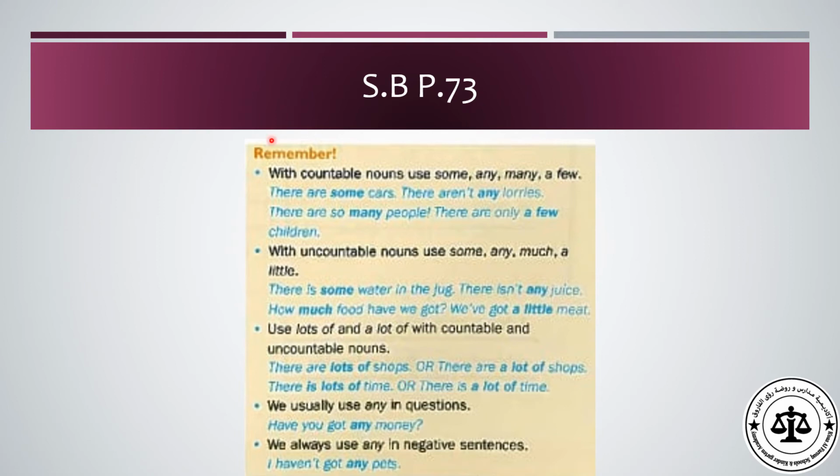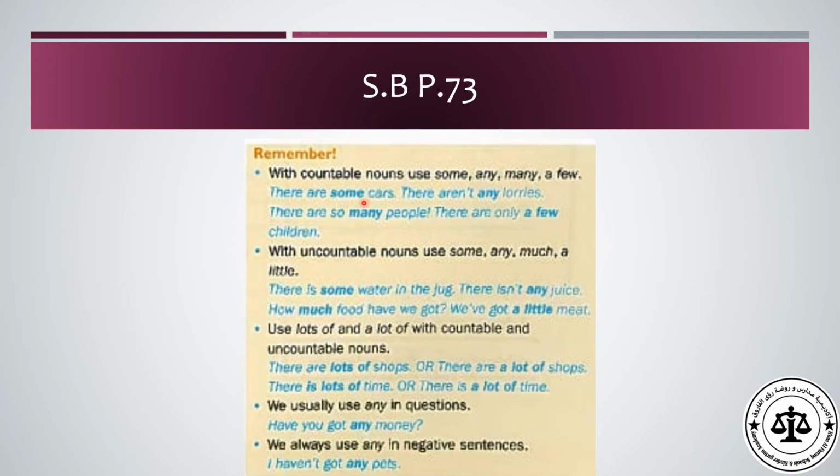So these are the tips of our lesson for today, and these are very important. With countable nouns, we use some, any, many, and a few. These are examples. There are some cars, there aren't any lorries. Here we have a negative statement, so we use any. Always remember, Miss, that any comes only with negatives and questions.